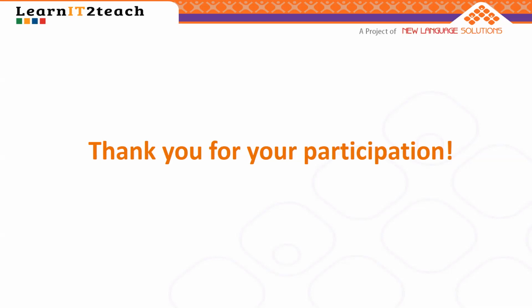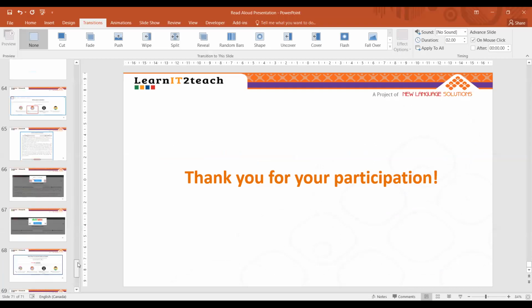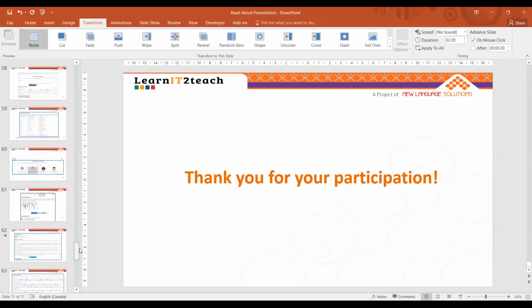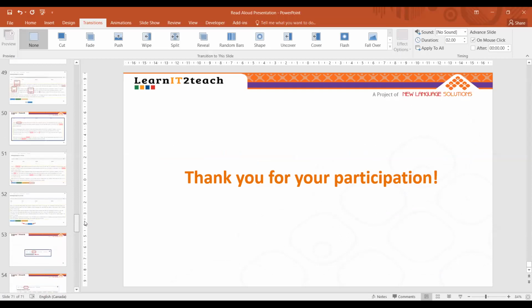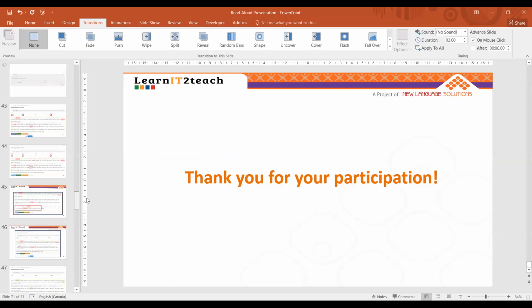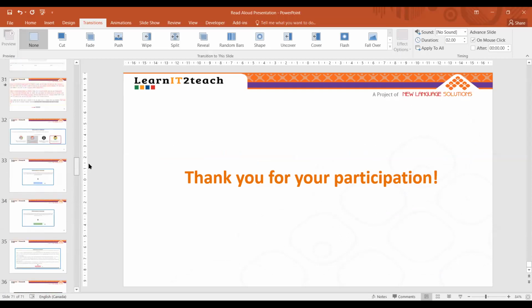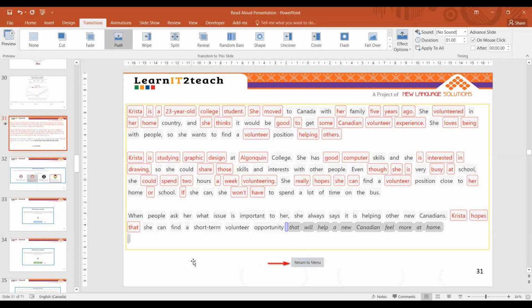Okay, so let me show you something. Remember that text that was all red? This one. This is all mine. I'm not a native speaker. I make a lot of mistakes, but I'm not that bad.